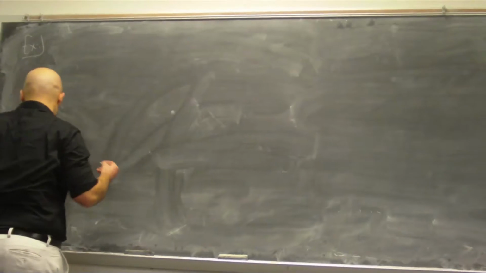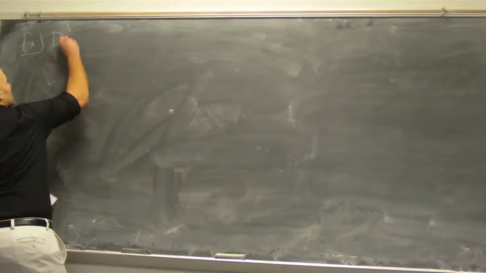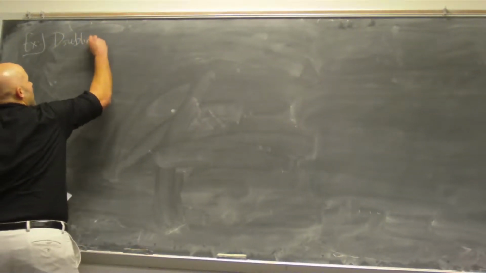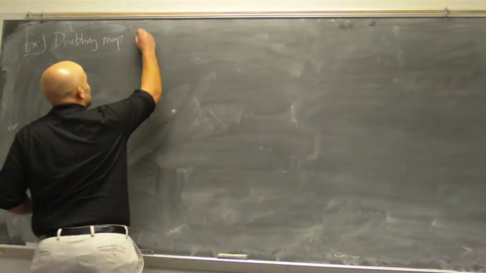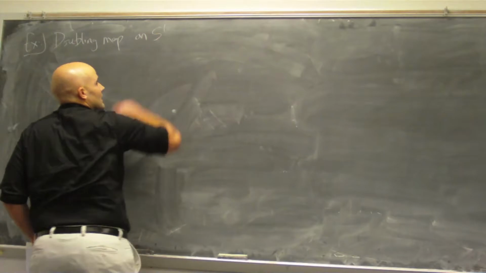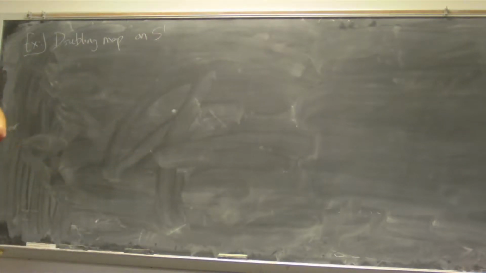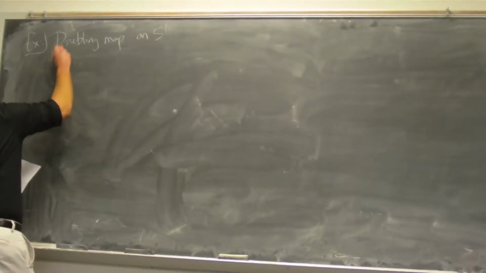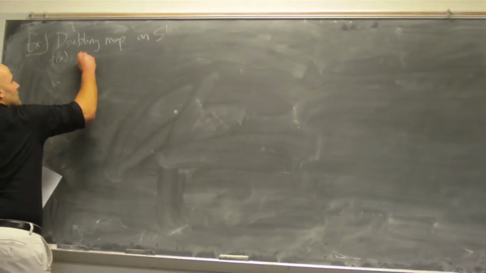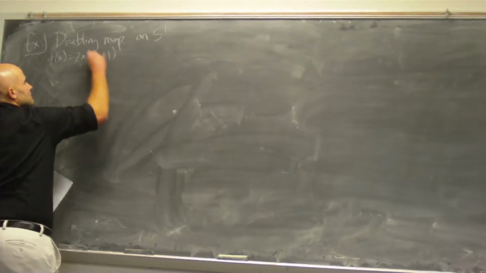So we have this example here. We take the so-called doubling map, which is on the unit circle, and which again we identify with the unit interval [0, 1], and we identify the endpoints together. We just glue them together. So we take phi of x equal to 2x mod 1.